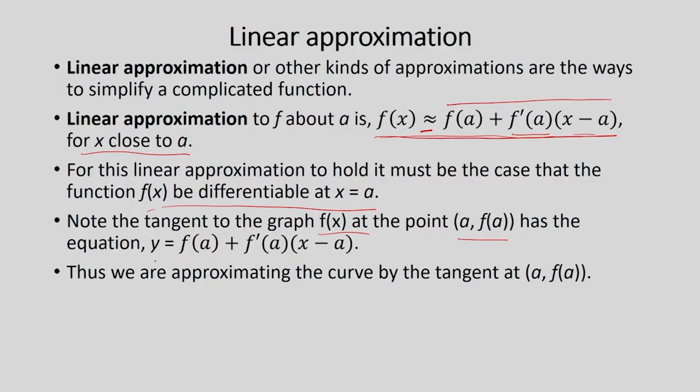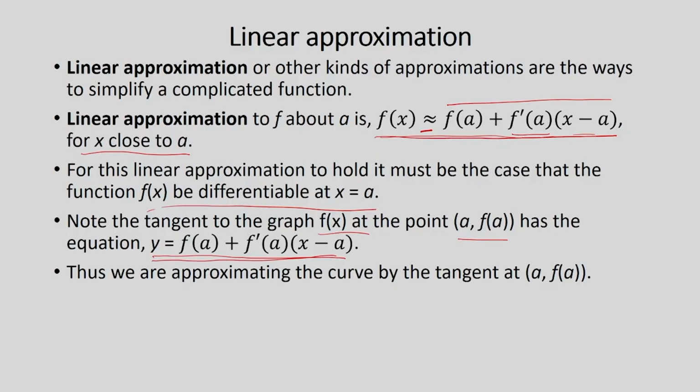That equation is given by this: y is equal to f(a) plus f prime of a multiplied by (x minus a). Now, why I am saying this? Why did I get this particular form of the equation to the tangent?